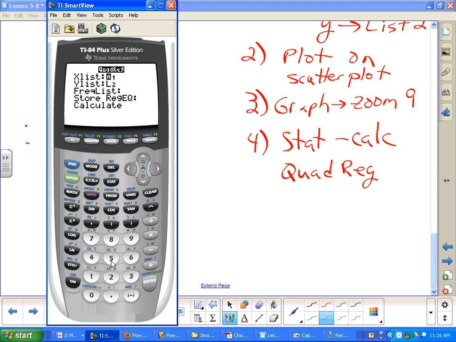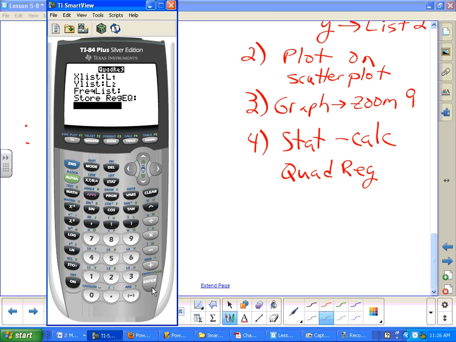Now, your calculator should be set so that list 1 is your x list and list 2 is your y list. If you end up using other lists, then you could type in the appropriate ones and it would still work.